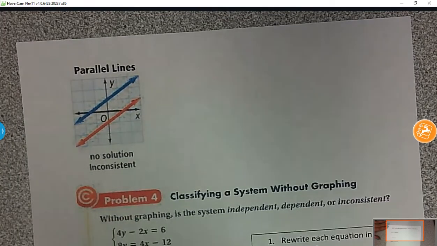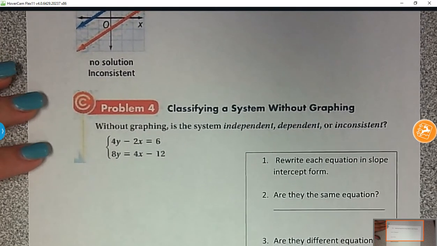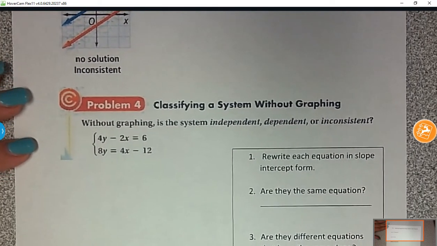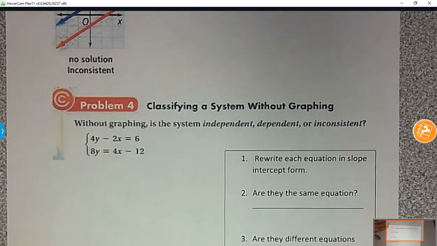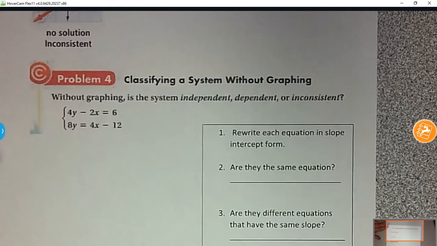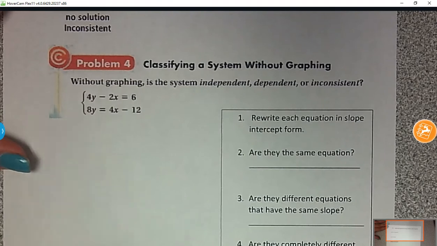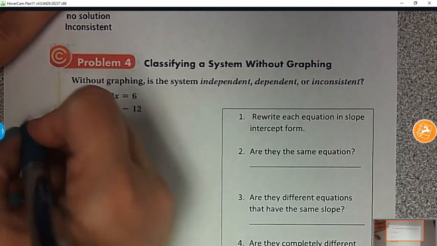So now, the very last thing we're going to do is figure out what type of system something is without graphing it. And we're not necessarily going to solve the system to do it. So what we're going to do, I've got it typed out for you here step by step. First, you're going to rewrite each equation in slope-intercept form.